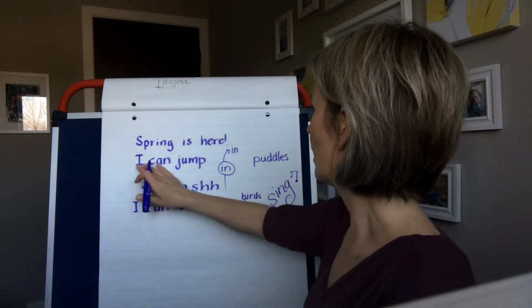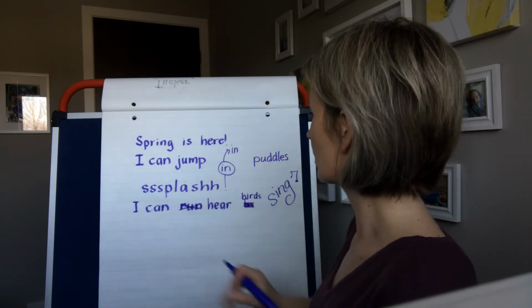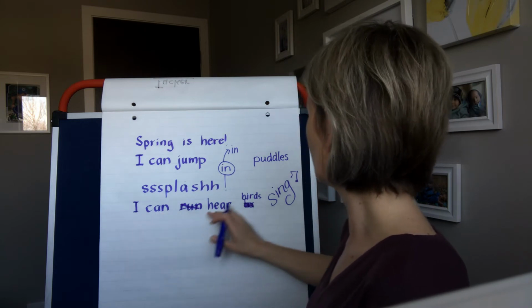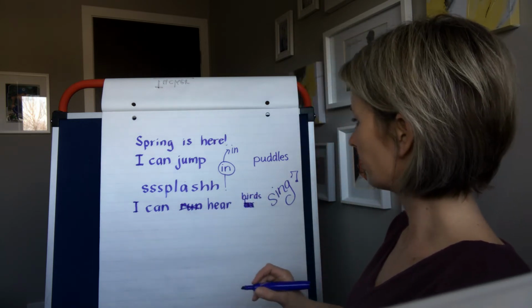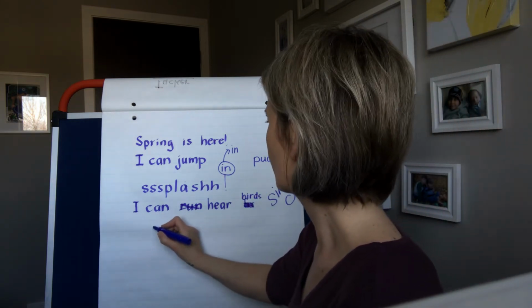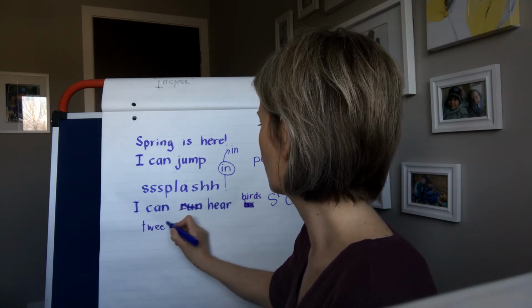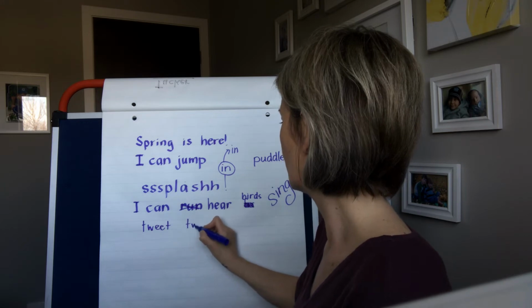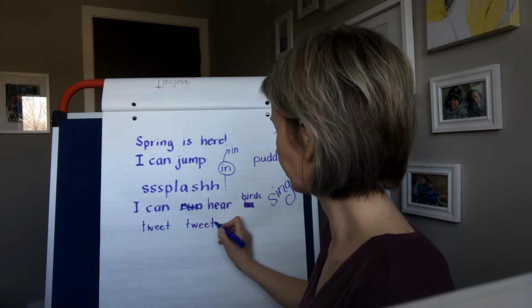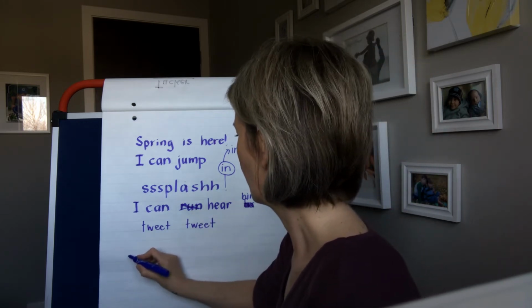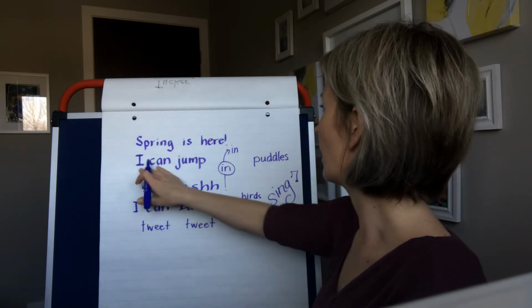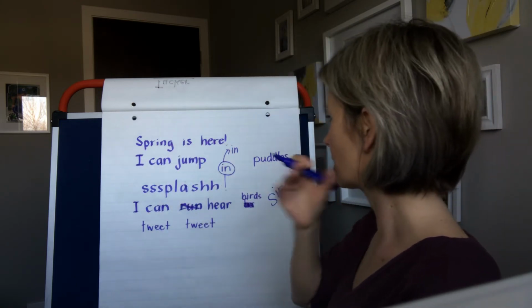Spring is here. I can jump in puddles, splash. I can hear birds sing. Maybe I'll make another sound word here. Tweet, tweet. Spring is here. I can jump in puddles, splash.